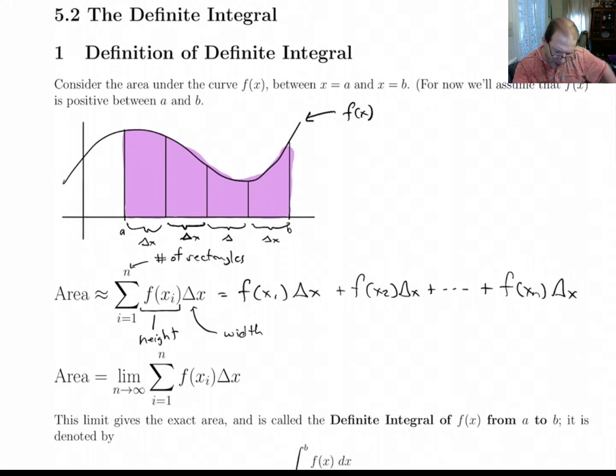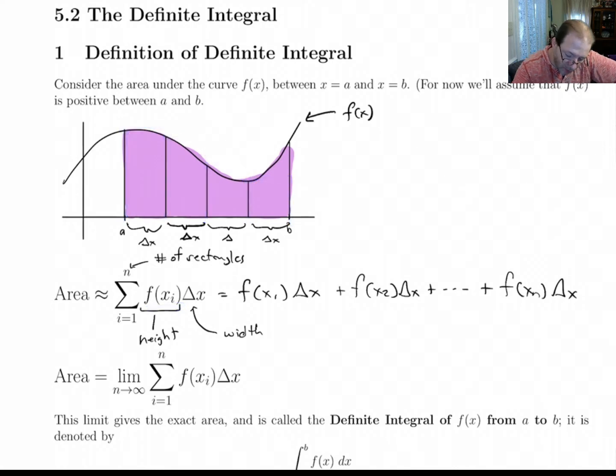Now f of xi, basically the xi's inside of here, these are the values that we use to determine the height of the rectangle. If we were using the left endpoints, that would mean we'd use this, this, this, and this. So this would be my x1, x2, x3, x4. And of course, when we do f of that, it gives us the height of these rectangles. So for the left endpoint, it would give us this, this, this, and this for our four rectangles.